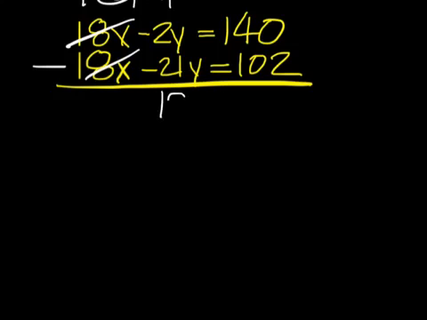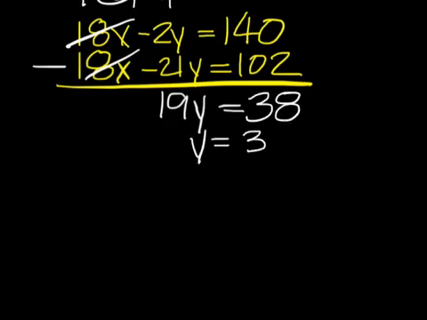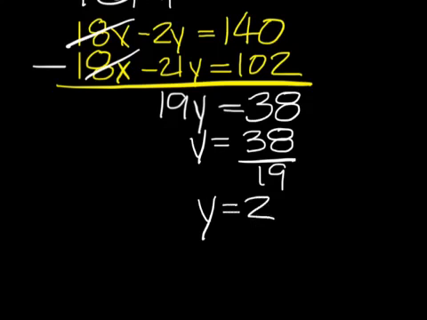It's 19. Negative 2 minus a negative 21 is 19. And then you have 140 minus 102. That's going to be 38. So what's the value of y? 2, yeah. 38 divided by 19 is 2.